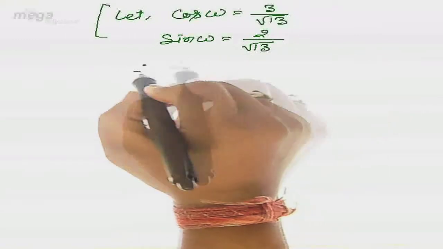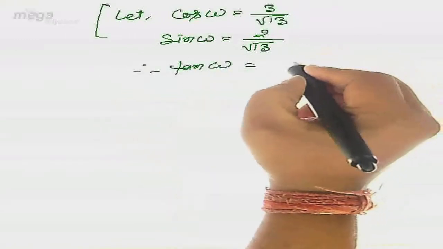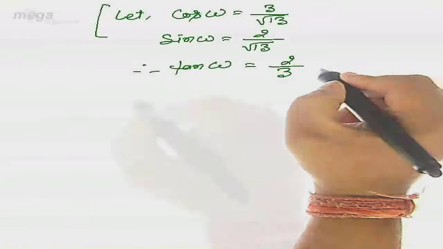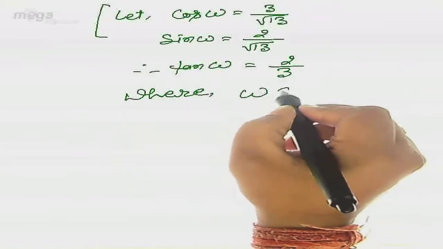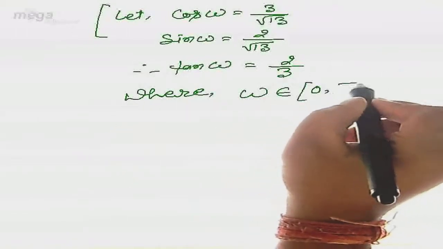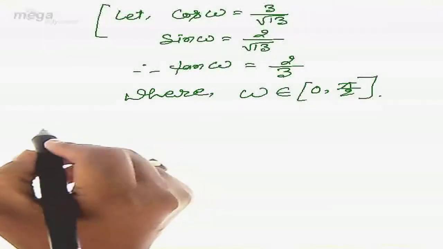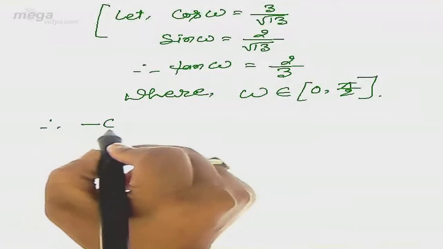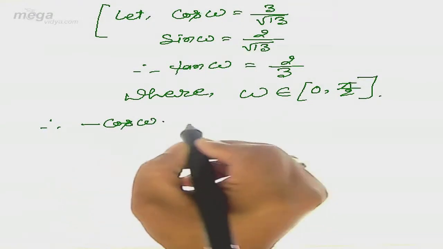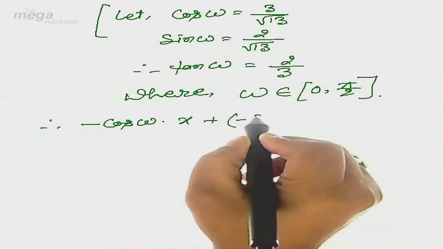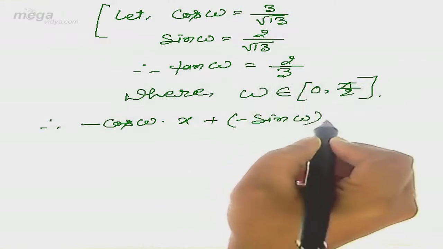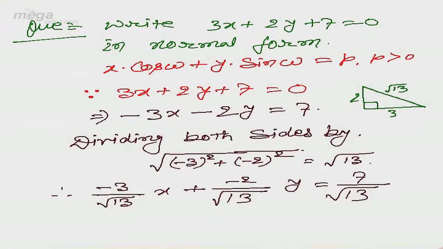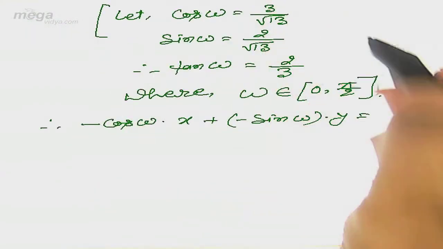So therefore tan omega will be 2 by 3, where omega belongs to 0 to pi by 2. So the equation becomes minus cos omega into x plus minus sin omega into y is equal to 7 upon root 13.